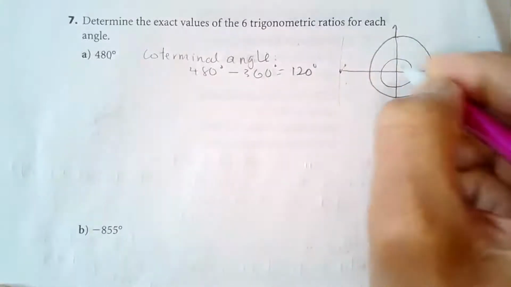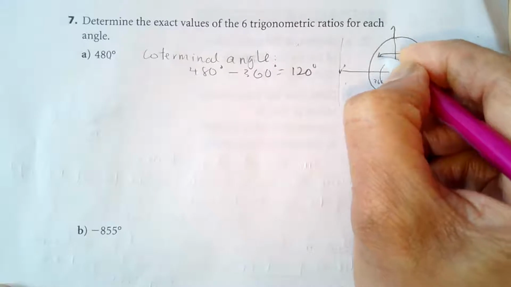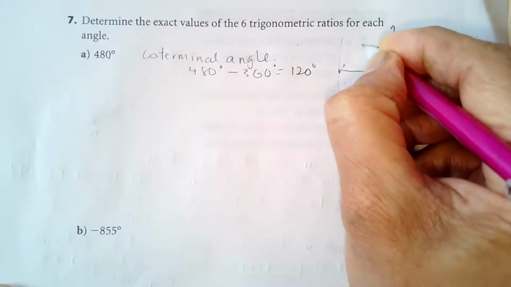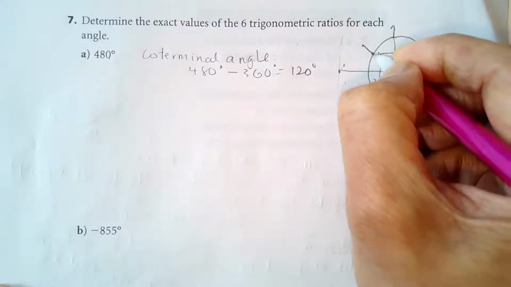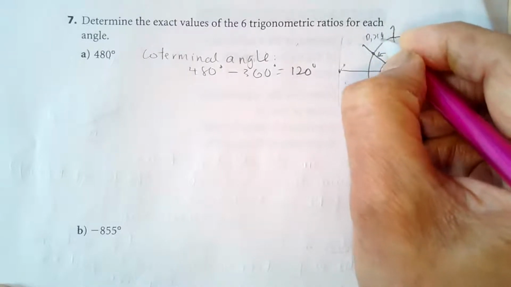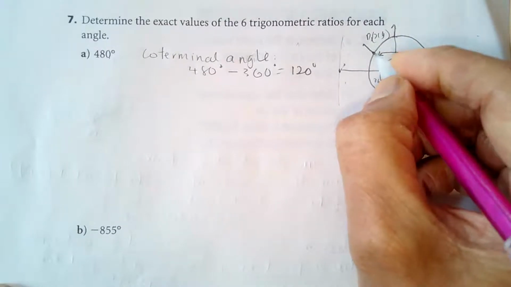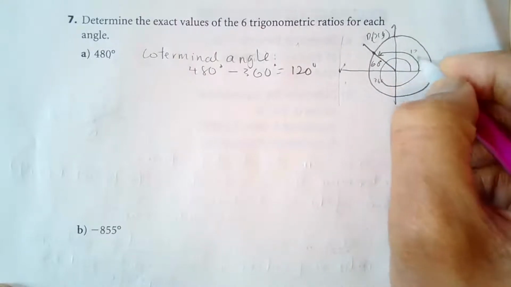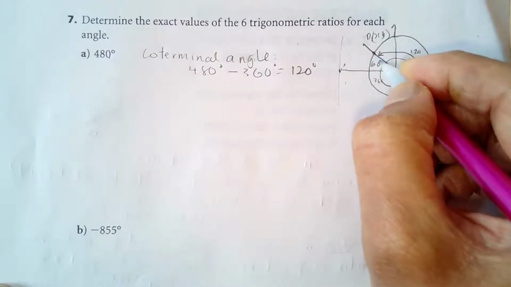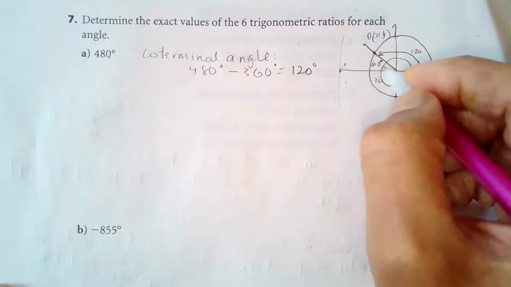So I need to go back now. This is 360 here. So I need to go 120, which is to be around here. So now this becomes my terminal arm, P(x, y) here. Now this is 120, so therefore this would be 60 degrees. So my coterminal angle is 120 degrees, but my reference angle is 60 degrees.